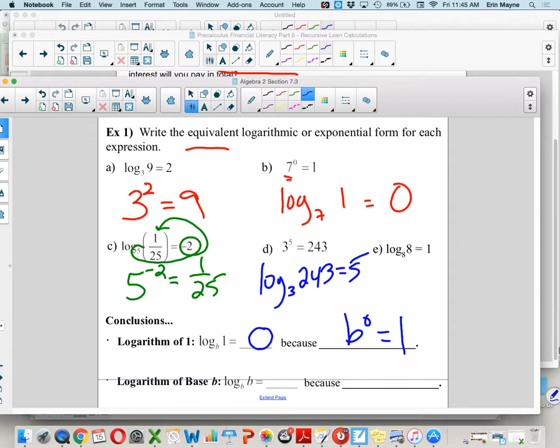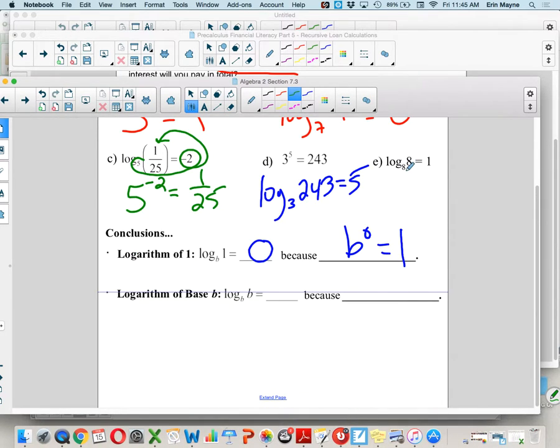Okay, what if these are the same number? For example, look at letter E. I bet you know what this means, right? Why is log base 8 of 8 equal to 1? Because 8 to the 1 equals 8. So if these are the same, what's my answer? 1.